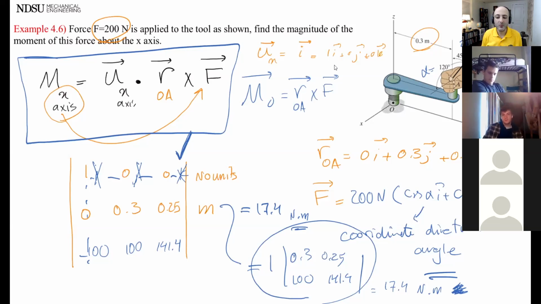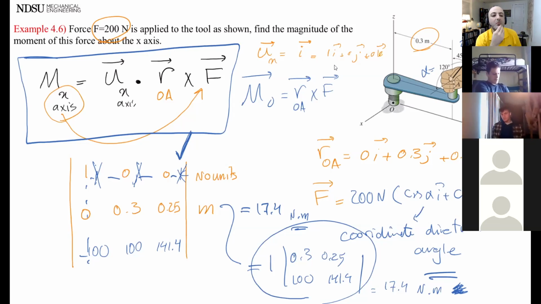So one last thing, we have like 2 minutes. Why do we care to find moment about an axis? Why should we bother? This problem is actually a great example for that. If you watched my lecture videos or read the textbook, I go over this, but let's talk about it.